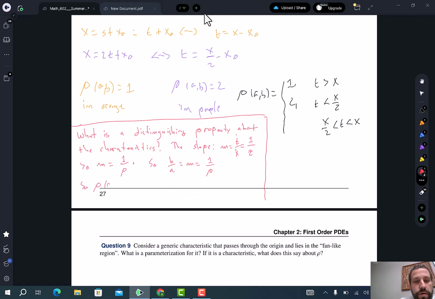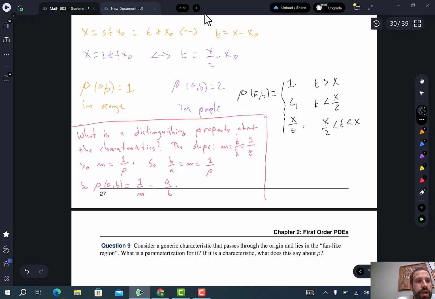So rho of AB is equal to 1 over m, or I could just write this as a over b, because 1 over m is equal to a over b. And so that's what we're going to have over here. This is going to be x over t, if t is bigger than x over 2 and less than x.